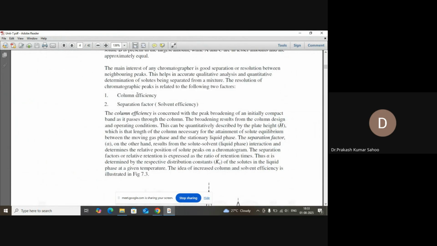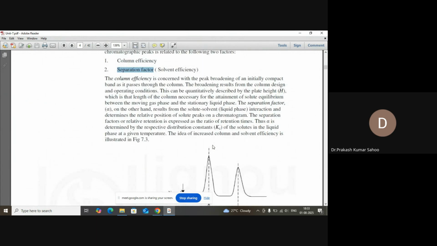Then we have column efficiency and the separation factor. Column efficiency is about the ability of your column to separate the different components of a mixture using the separation factor, which we may also call the partitioning factor or distribution factor.